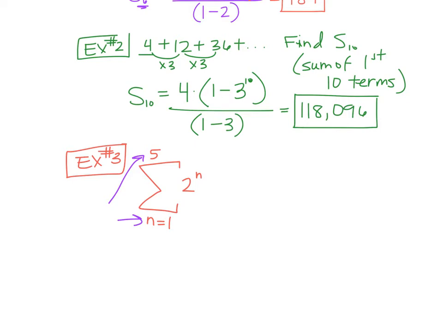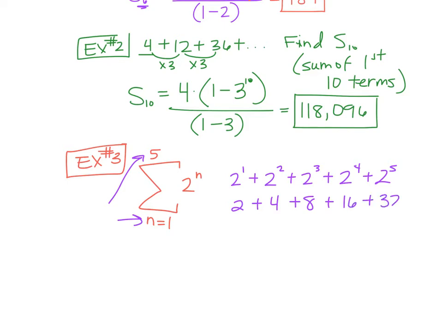If I were you on this, I would just do it 2 to the first, plus 2 to the second, plus 2 to the third, plus 2 to the fourth, plus 2 to the fifth. All right, we know those numbers. That's not hard. So it would be 2 plus 4 plus 8 plus 16 plus 32.